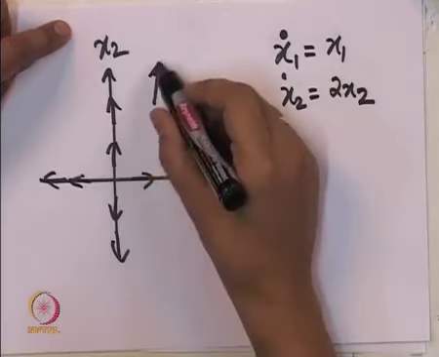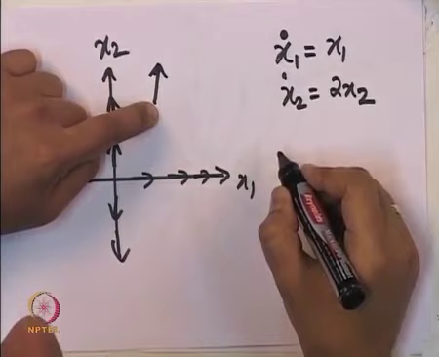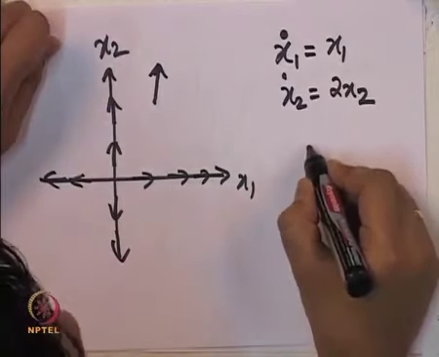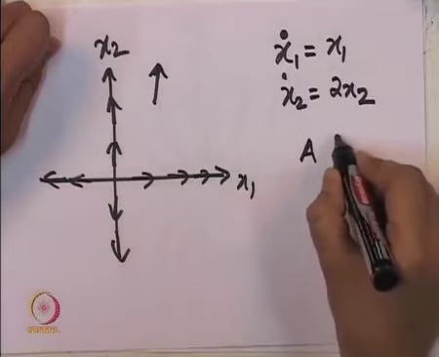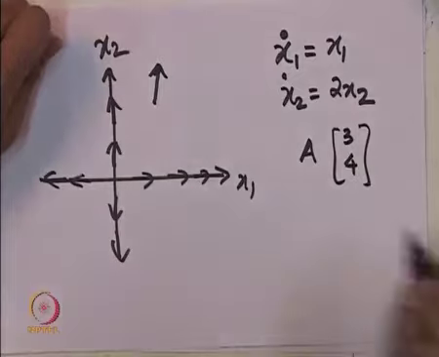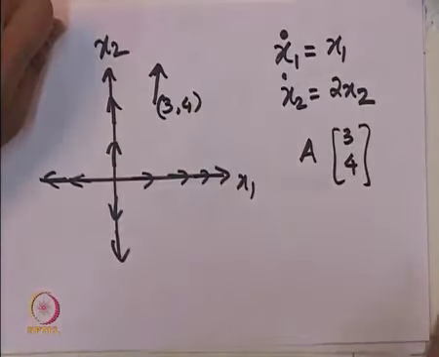How do we find the coordinates of the arrow? It is an arrow starting from the point 3, 4 directed towards which point? That is to be evaluated by making the matrix A act on the vector 3, 4, the point at which we are interested in finding the arrow.